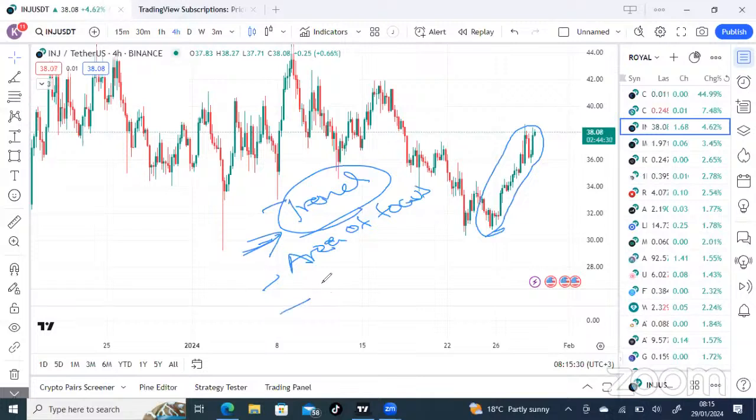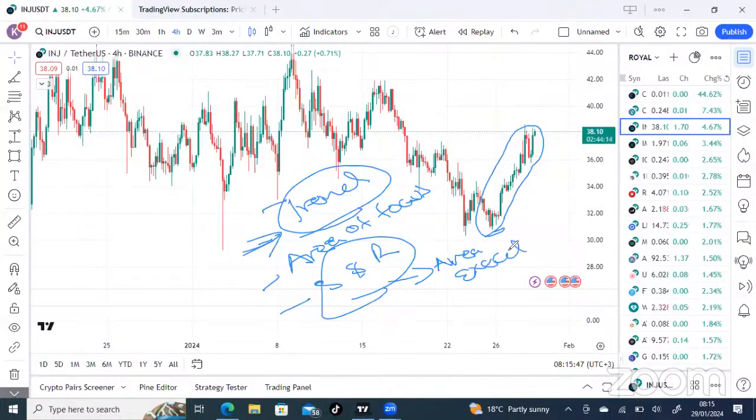Then we draw our support and resistance to find what we call areas of execution points, in short. And when we talk about execution points, we are talking about entry and what? And exit.